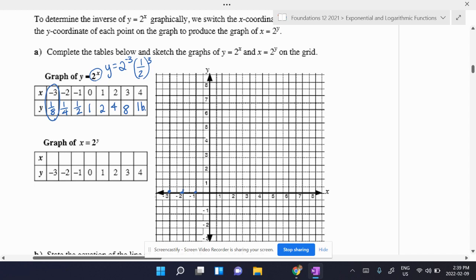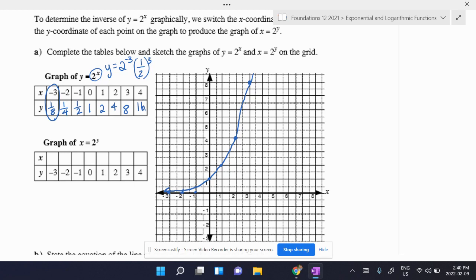Negative 1, 1/2. 0 and 1. 1 and 2. 2 and 4. 3 and 8. Okay, let's do our best. Make a nice line there. Well, somewhat okay.